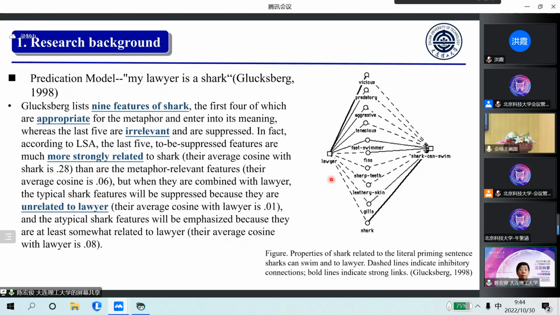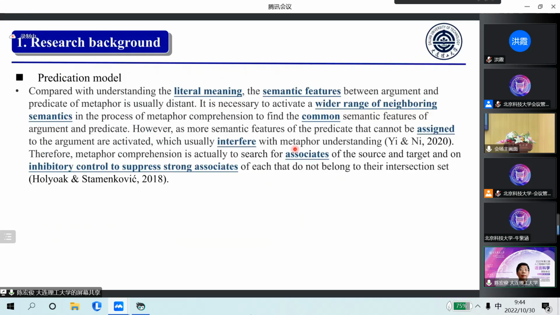So here, the first four of these are appropriate for the metaphor and enter into the meaning, because they have bold lines, right? Well, the last five are irrelevant and are suppressed. So these are suppressed. Compared with understanding literal meaning, the semantic features between the argument and predicate of a metaphor are usually distant.